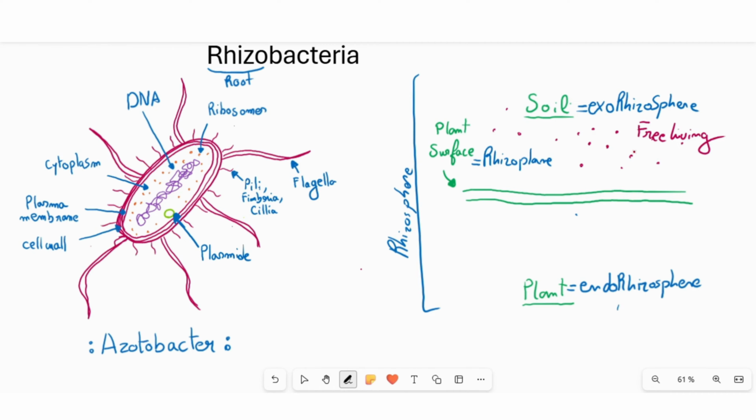And for example, we can find some of them that will form spores that have certain mechanisms of protection, that can have certain capsules, that can have different structures. And for example, Azotobacter, this bacteria that we're going to take as an example, is a free living bacteria.